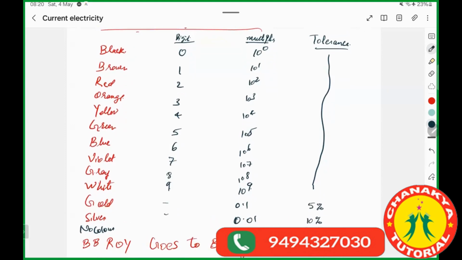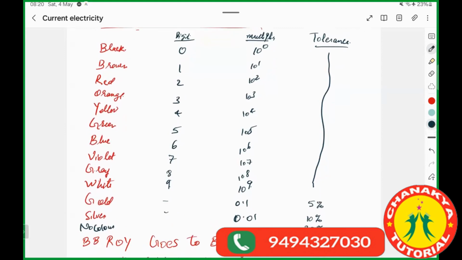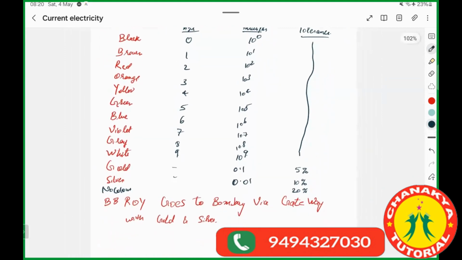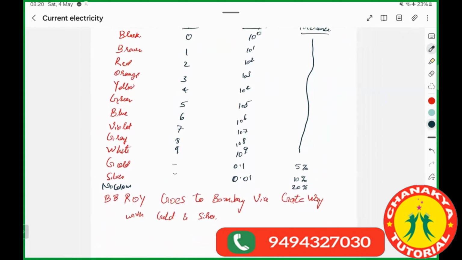Now you can take a screenshot of this. But wait, I'll draw it here also, because we also need to see where the tolerance is.